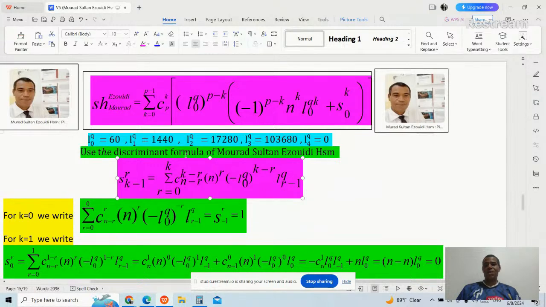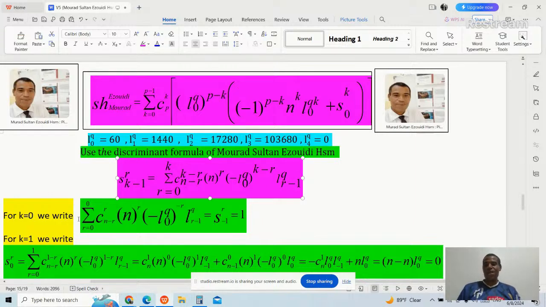Try to make this formula familiar to your hands, your pens, your notebooks and your laptops, because it's very important. You can't go through without using this discriminant formula.